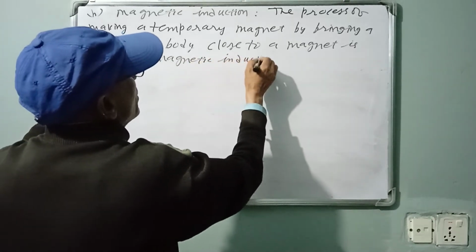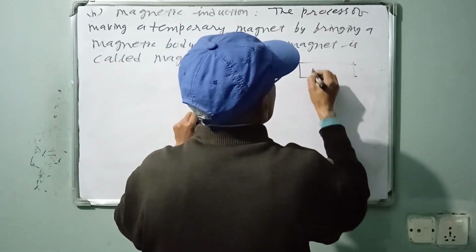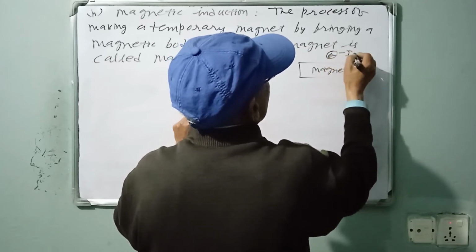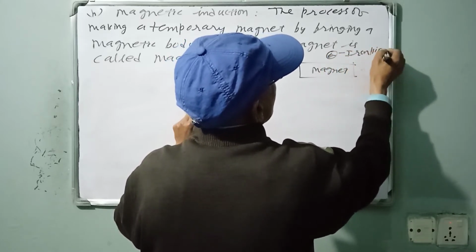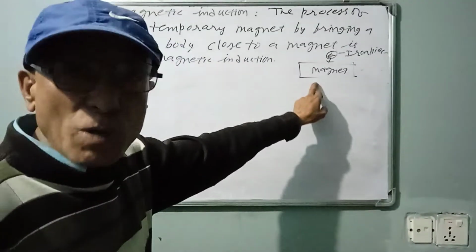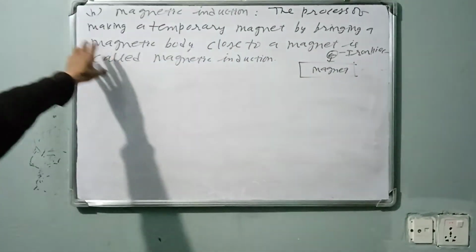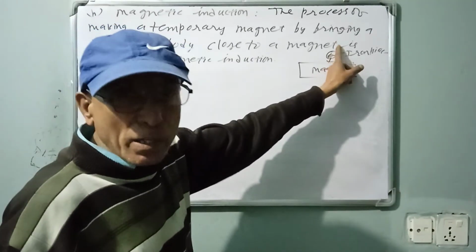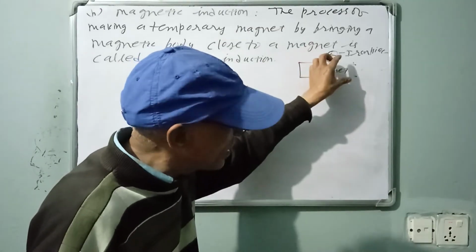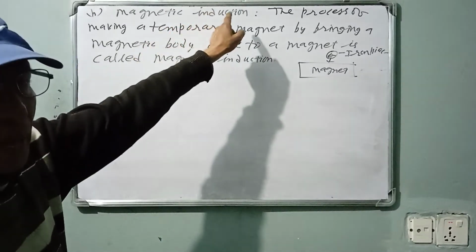See, suppose it is a magnet. Suppose this is an iron piece. If you bring a magnetic body very close to a magnet, either by touching it or bringing it very near, it becomes a magnet. This process is called magnetic induction.